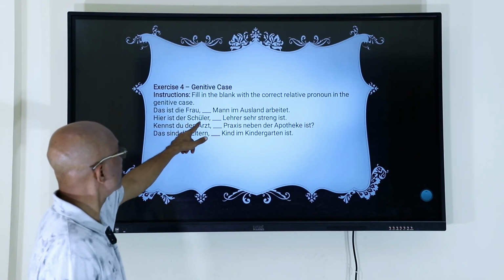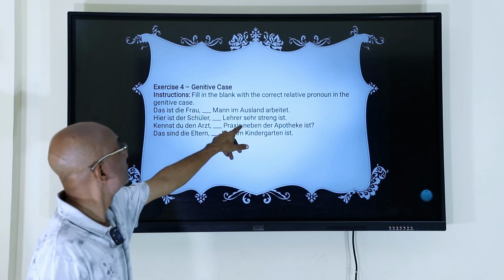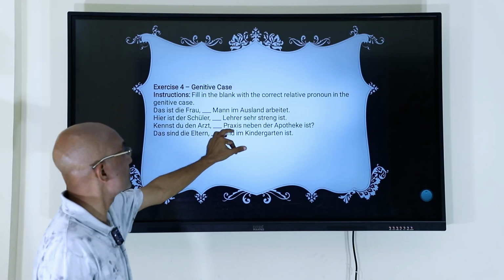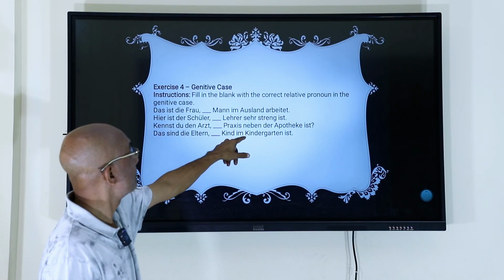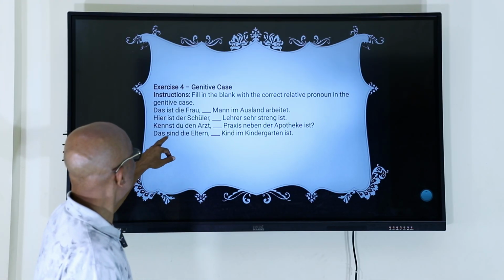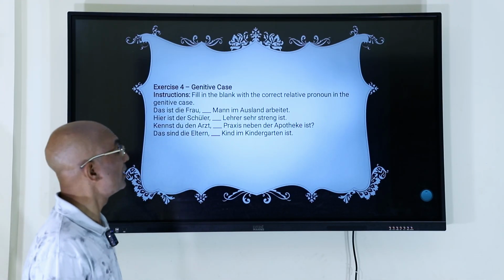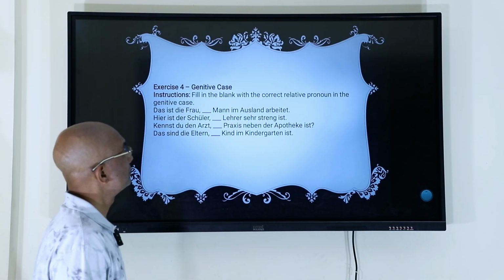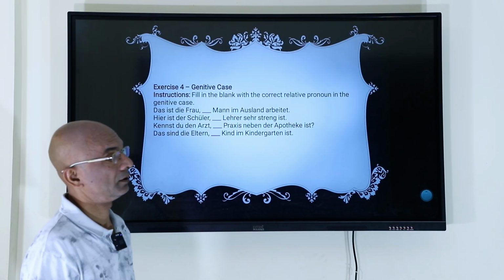Hier ist der Schüler, Lehrer sehr streng ist. Kennst du den Arzt? Fill in the blanks: Praxis neben der Apotheke ist. Das sind die Eltern. Fill in the blanks: Kind im Kindergarten ist. Okay?